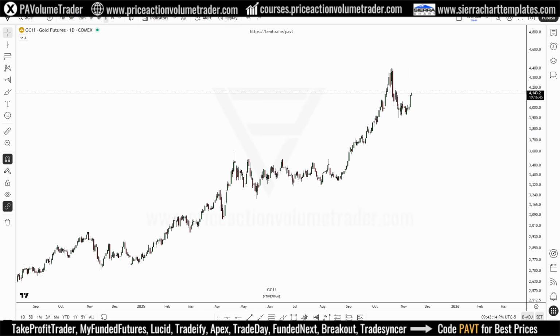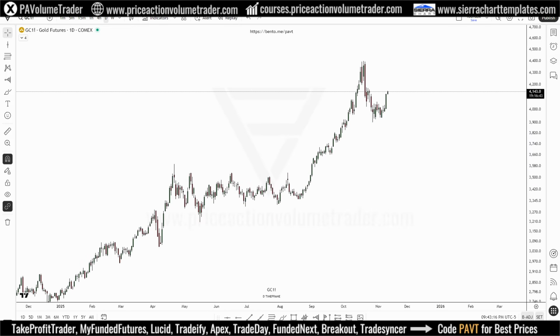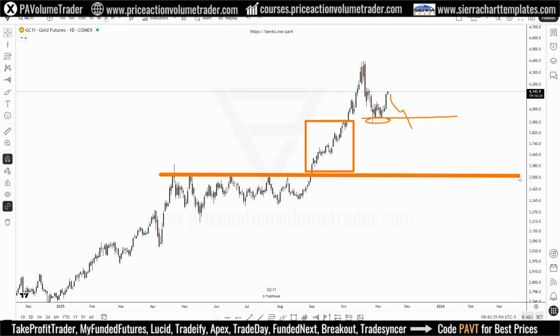But since this is such a thin move right here, once gold comes and has a strong break below 3,900, I think it is going to fall down very fast, and I would be looking right around 3,500 here.